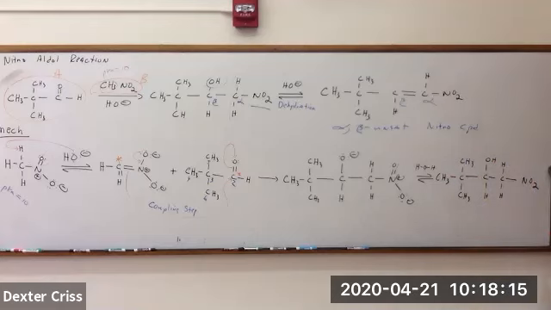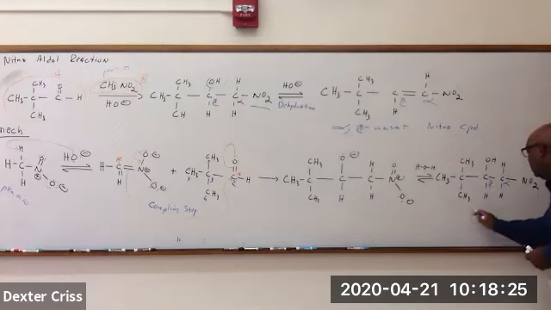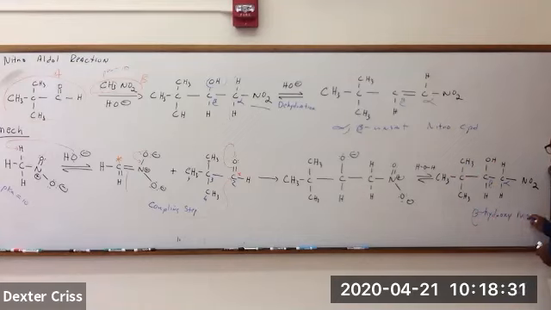All right, so I have formed this, this is alpha, this is beta. So we have formed the beta hydroxy nitro compound.